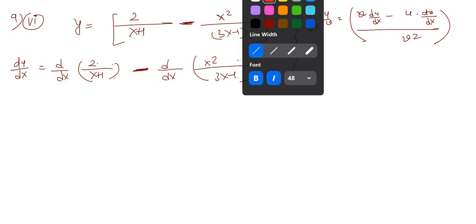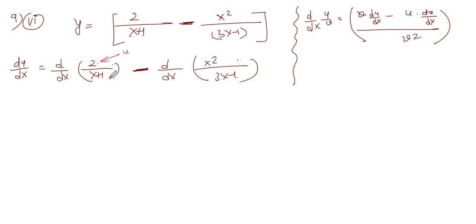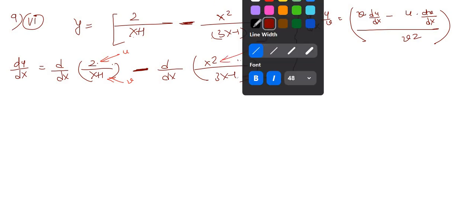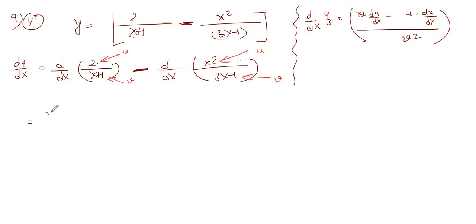Remember, this is my u and this is v here. In this case, this is u and this is v. So let me do x plus 1 d by dx of 2 minus 2 as it is, d by dx of x plus 1 by x plus 1 square.